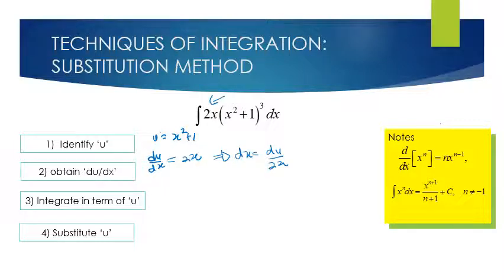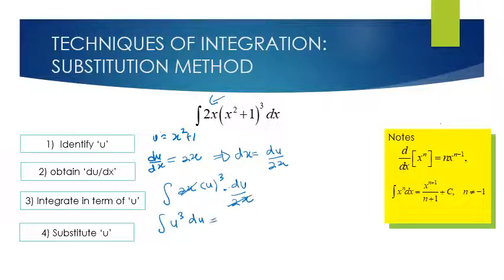Next we substitute into the formula. We have 2x remaining as 2x. Then we substitute x squared plus 1 equal to u, so we have u power 3, and dx equals du over 2x. If we still have x, we cannot integrate yet, so we have to remove it. In this term, we can cancel 2x and 2x because it is a multiplication form. So we have u cubed du.